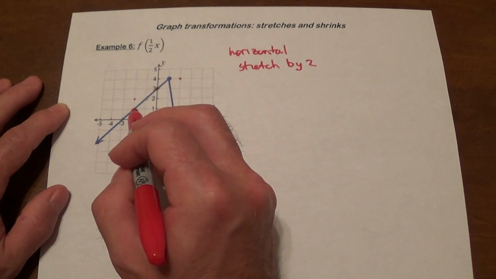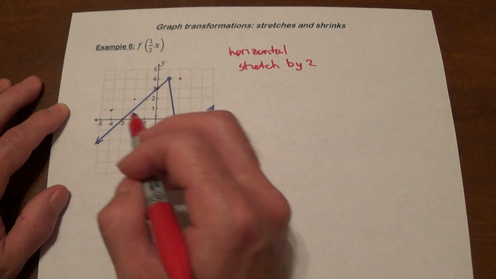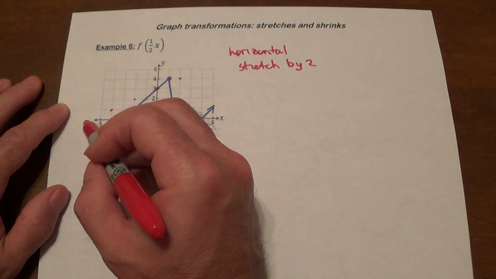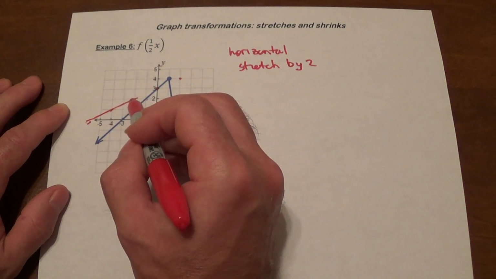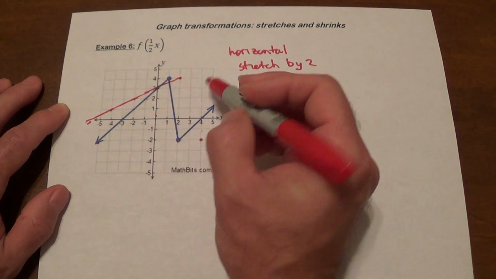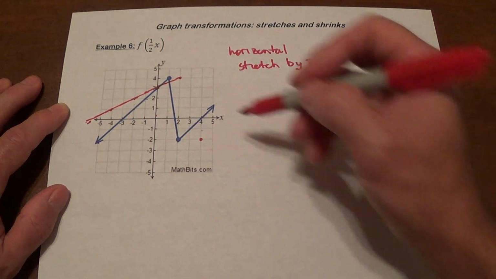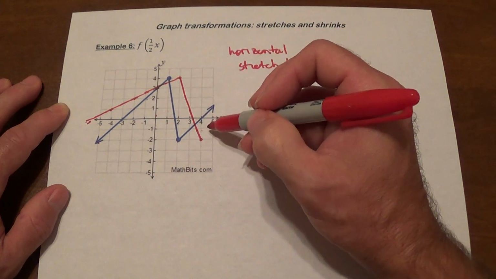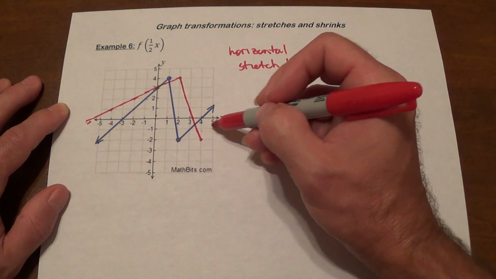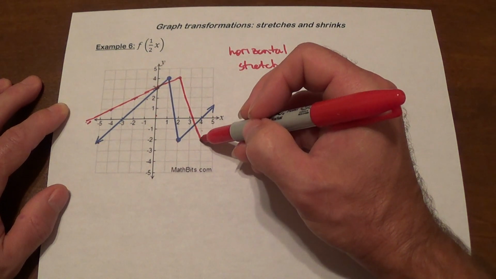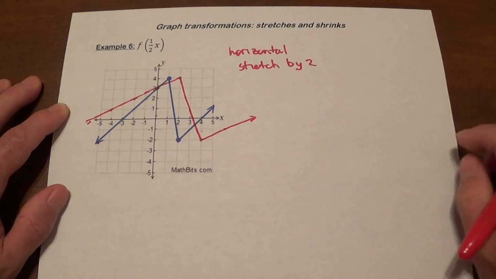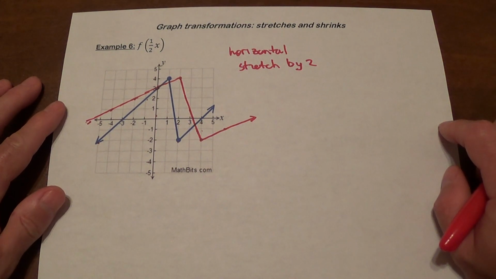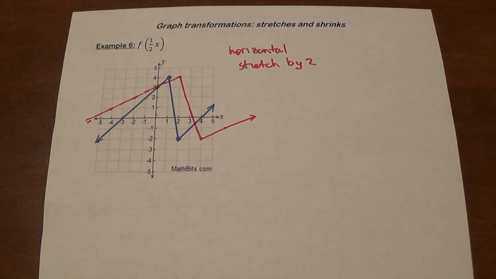This here is -2, it's going to become -4. So let's see what we're getting here. Let's do another point. This is 3, so it's going to be 6 here. It's going to go like that, so you should see how it got stretched horizontally. Alright, and I hope this helps.